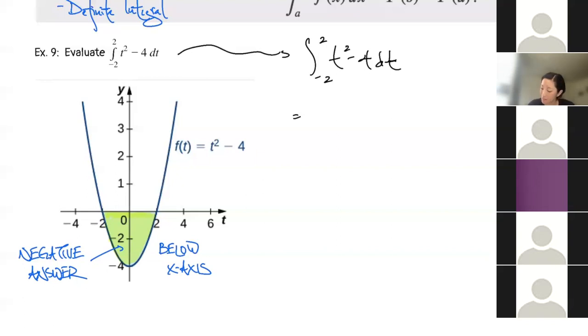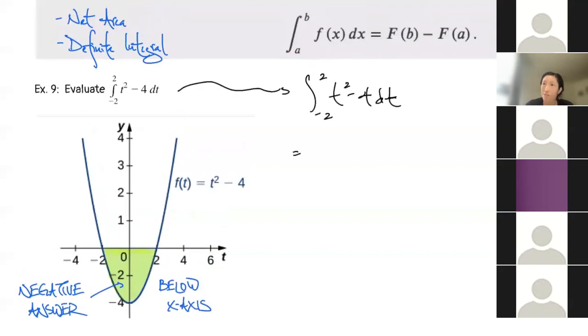Find that antiderivative. All right. So antiderivative of t squared, what do we get for that first term? T squared, what does that become when I take the antiderivative? 1/3 t cubed.